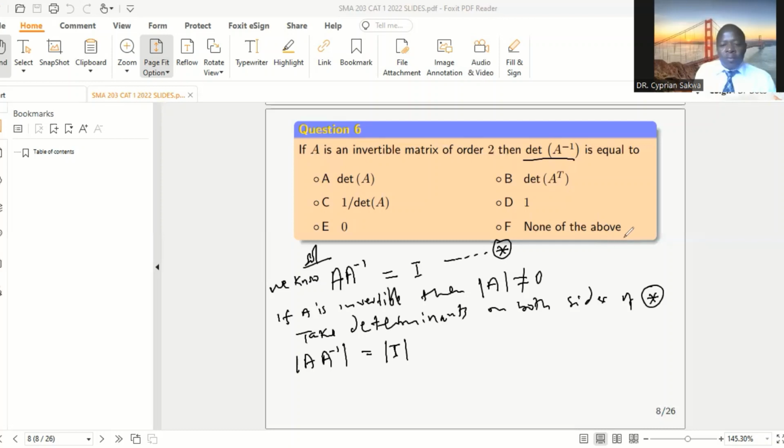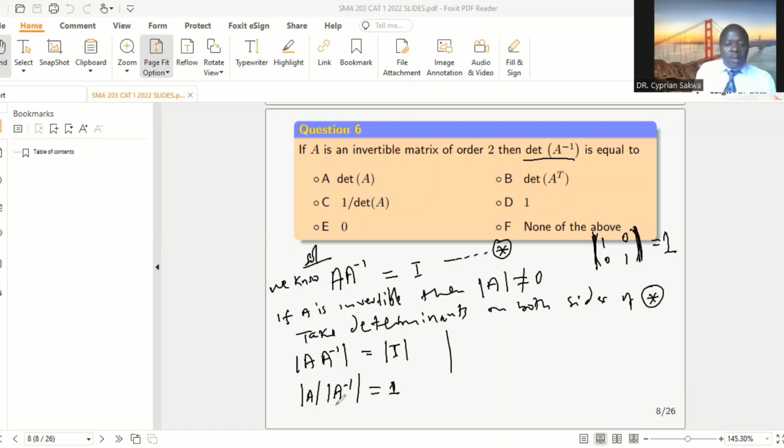If it's a 2 by 2 matrix, then it's this matrix. And I know that if I was to get the determinant of this I, it would just be 1. This minus that would be 1. So the left side can be expanded to be the determinant of A multiplied by the determinant of A inverse. And the right side is already saying that the determinant of I will be 1.